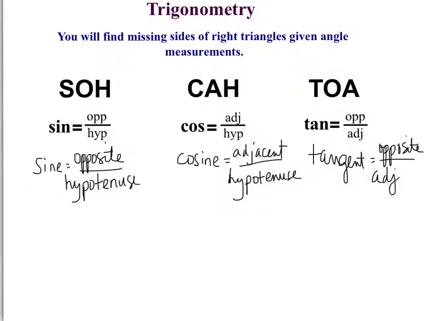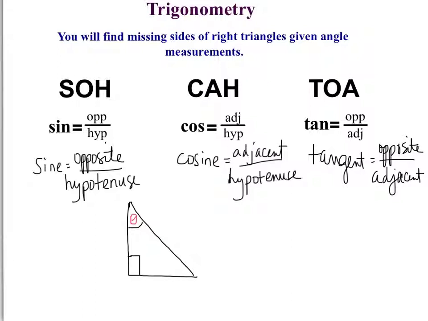Now I'm going to draw a right triangle, and it only works in right triangles. If you don't have a right triangle, you cannot find any side given an angle. And the key thing is, it's always based on where the angle is. So I'll call this angle right here.